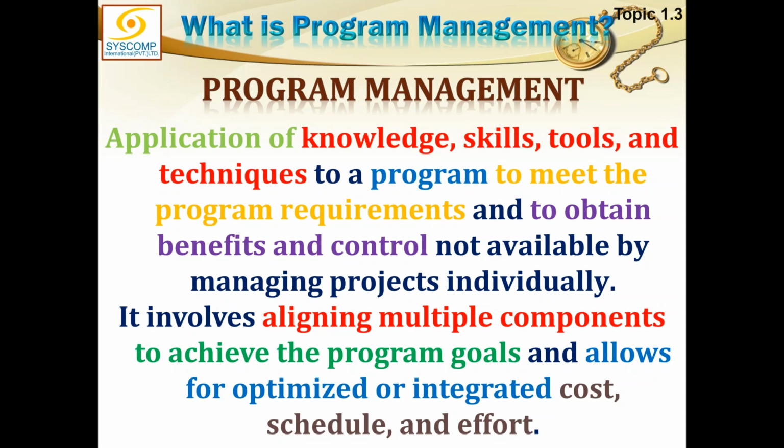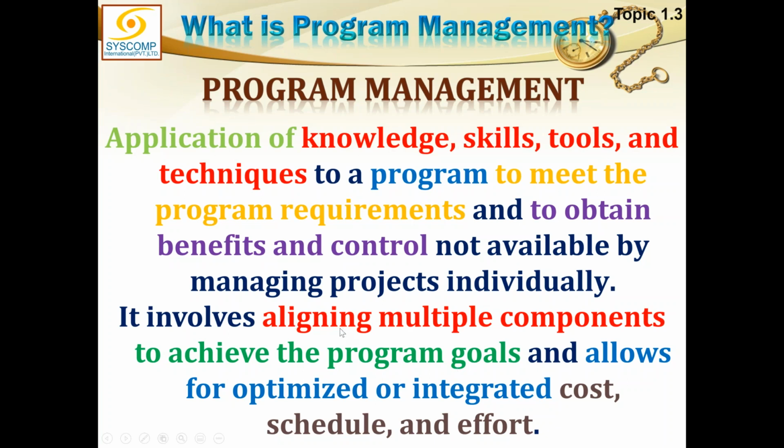So once they are tied together by a program strategy, we can control all the projects and all the components of the program together. So if we apply our program management knowledge, skills, tools, and techniques to the program requirements, we can obtain the benefits and control which are otherwise not available if they are run individually.